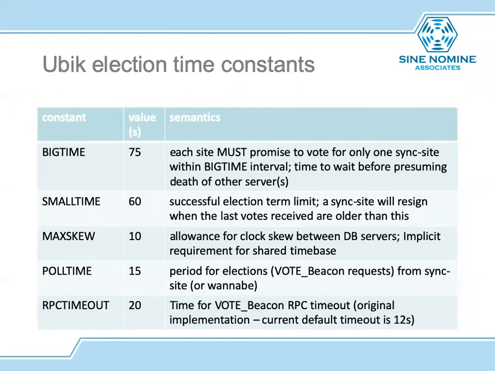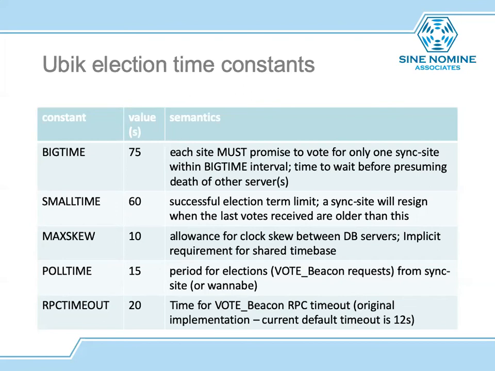So of course, that is an implicit requirement for them all to be running on the same time base, and for that time base to be working well on all three of them. Very strange things will happen if a database server gets out of sync of time with the other ones, and it's very difficult to diagnose as well.